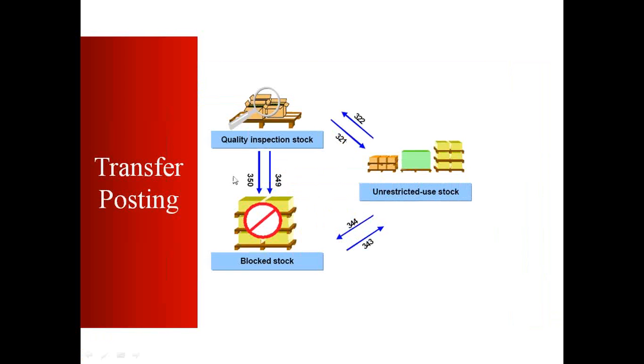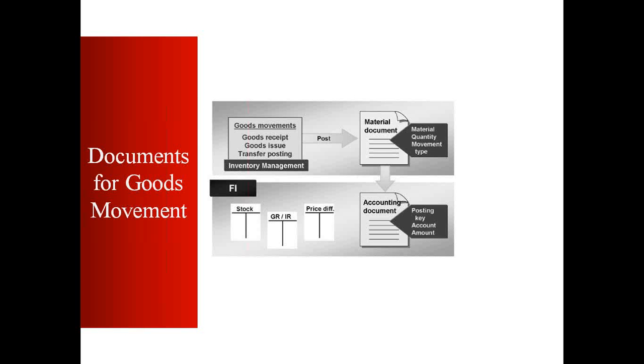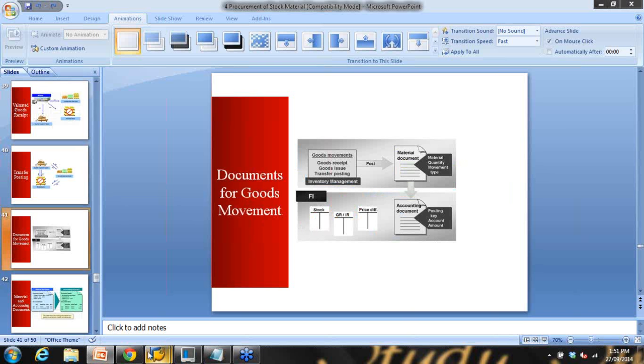Documents for goods movements: as I said before, whenever you create a goods movement, the system will create a transfer accounting document, as I showed you before. Another thing is a material document will be created whenever you do a goods receipt, goods issue and so on. What is the function of the material document?